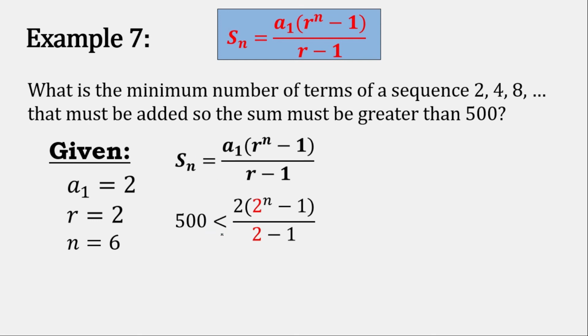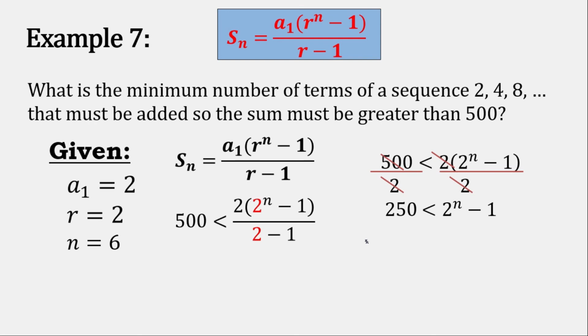So again, let's simplify it by subtracting 1 from 2 at the denominator, and we'll get this inequality. So let's eliminate 2 so that we could single out n. Let's divide both sides by 2. That is 250. Now let's add 1 on both sides, so we could eliminate this 1 on this side of the inequality.